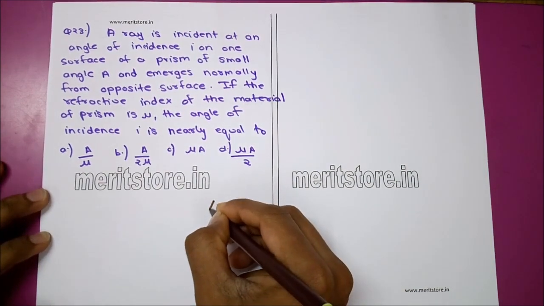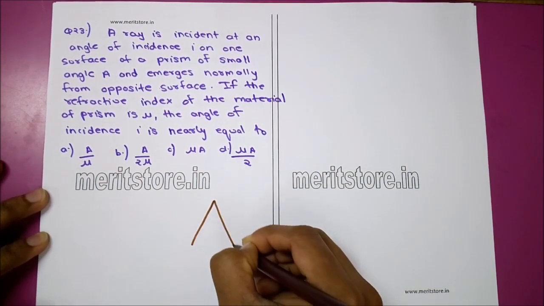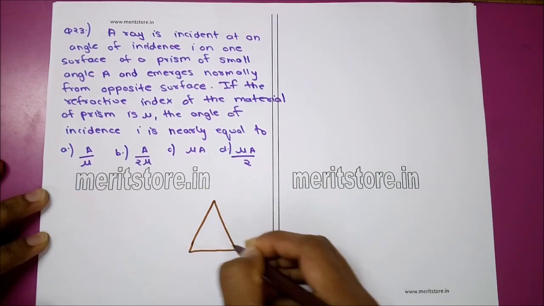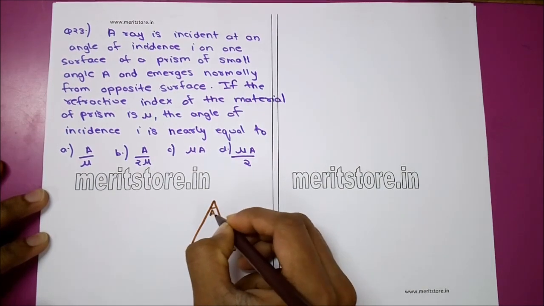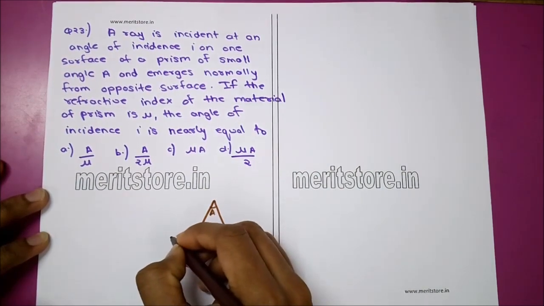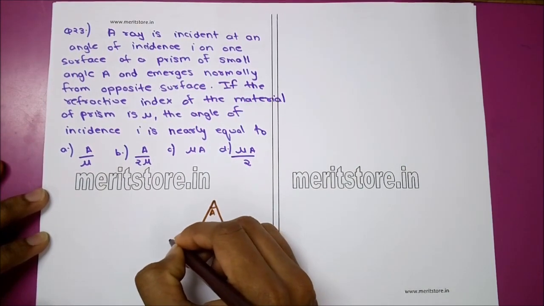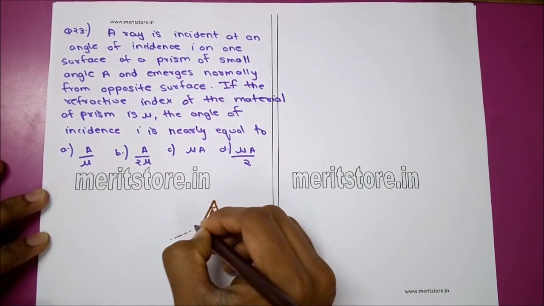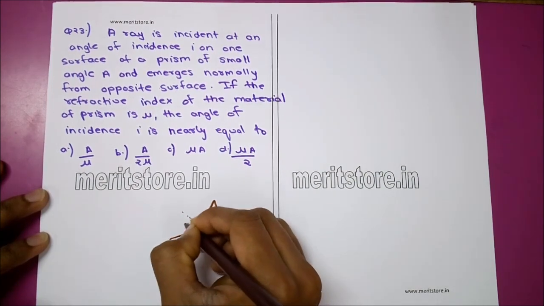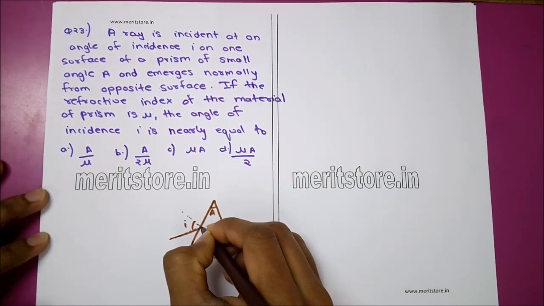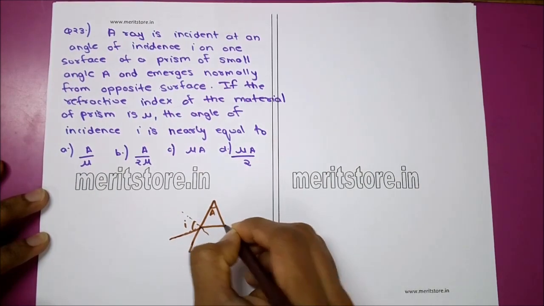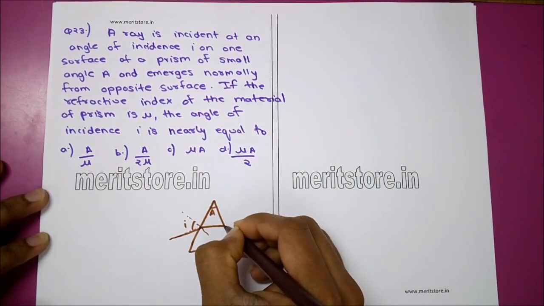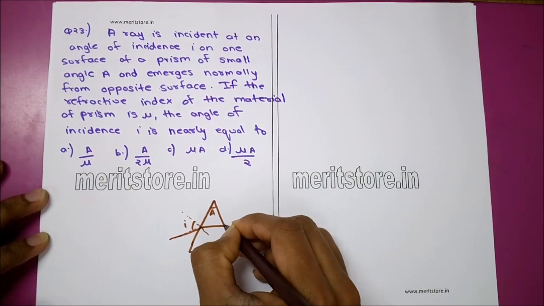Let's draw a prism. This is the central angle of prism A. Supposing this is the angle of incidence I, the ray gets refracted and then again it gets refracted.